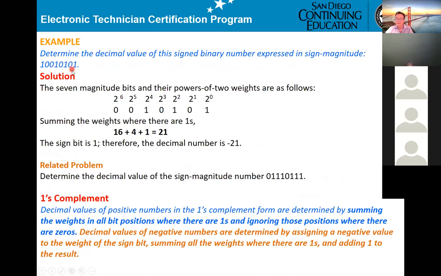Negative, because it starts with 1. So now what they try to do here is see the value of this number. That means 0010101. If they do the calculation, they get the number 21. The sign bit is 1. Therefore, the decimal number is minus 21.